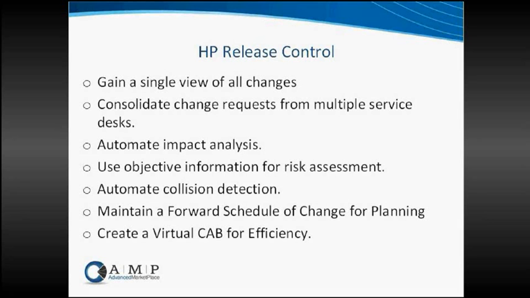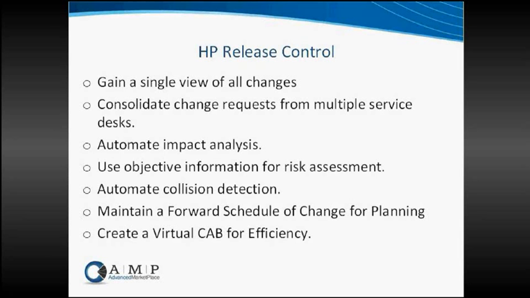We're detecting collisions at multiple levels. Not only are you modifying the same CI, but are you modifying a CI that impacts the system at the same time that we are potentially impacting that service or system with another change. So it's not just one level deep. We provide an extensive forward schedule of change for planning that gives you a lot of ways to group and view the information to make it more usable.